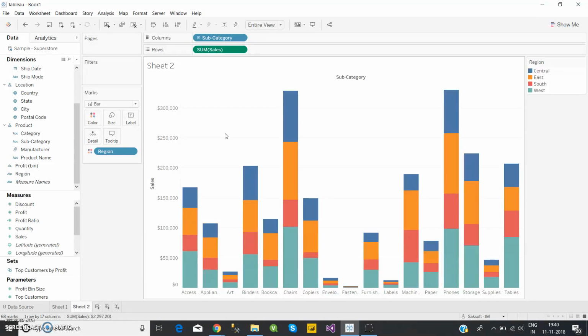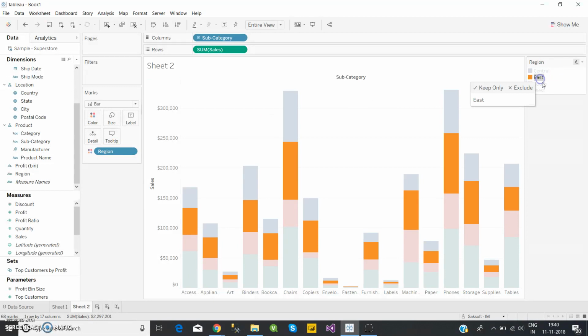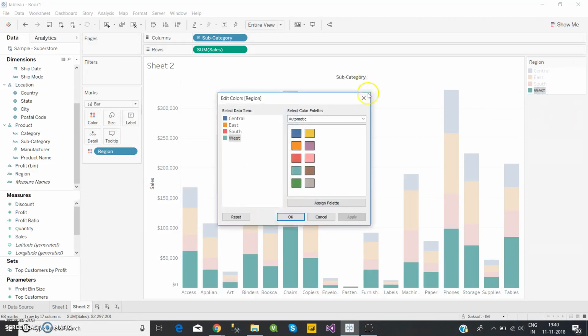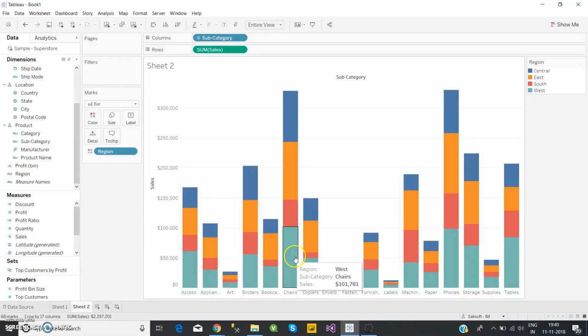Let's take an example. Let me take chairs. I can clearly see, by comparing the size, that each region is represented by each color. So by looking at the size of each bar, I can clearly see that West, Central and East have performed really well for the chair subcategory, but the Southern region has not performed that well.